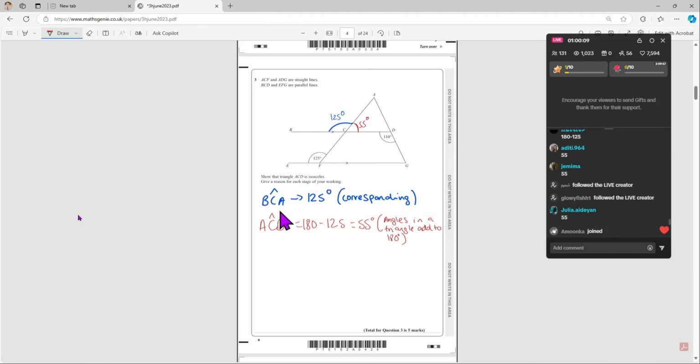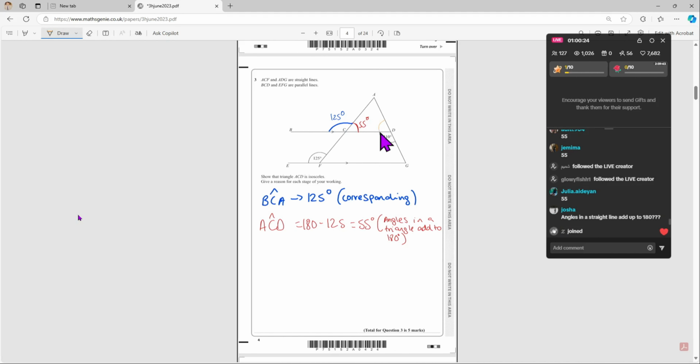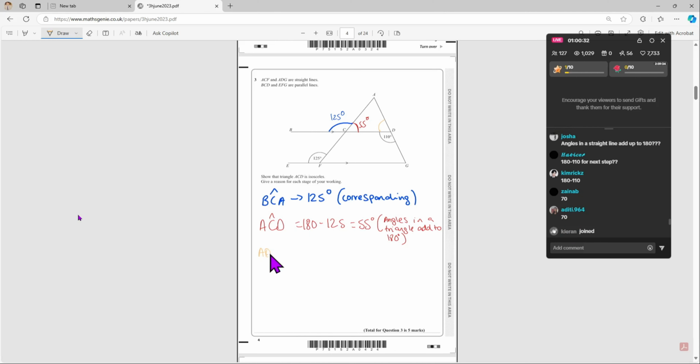So to prove that this triangle over here is an isosceles triangle, we have to prove that two of its angles are equal. So now we can also work out this specific angle over here. So what is angle ADC?